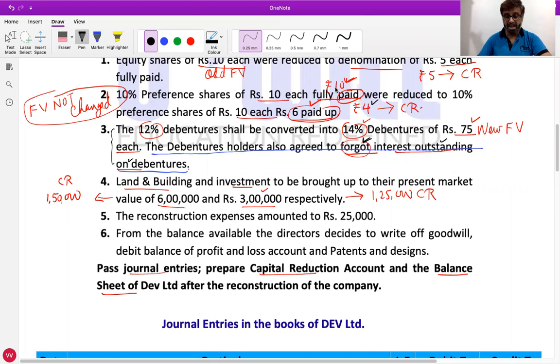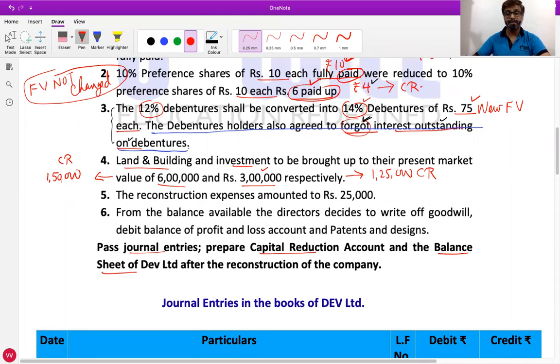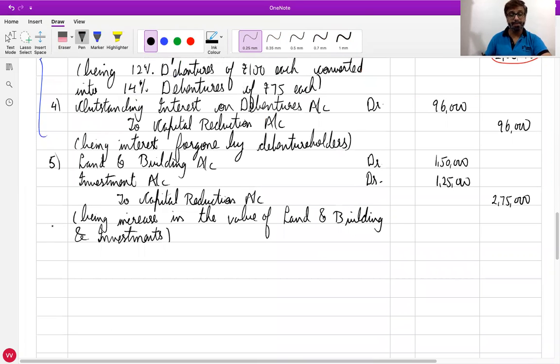Read adjustment number 5. The reconstruction expense amounted to rupees 25,000. What will be the journal entry for reconstruction expenses?